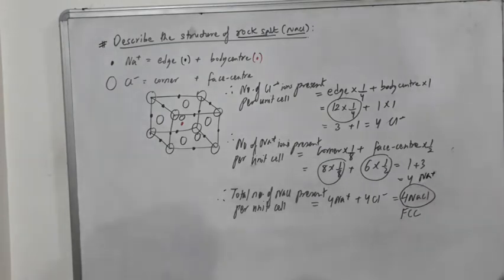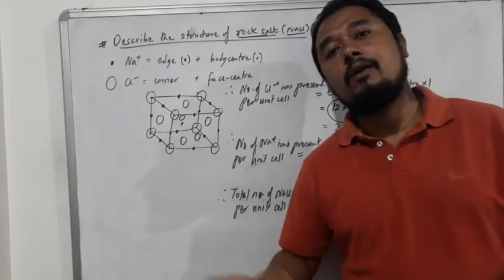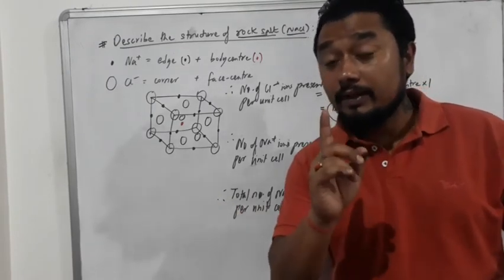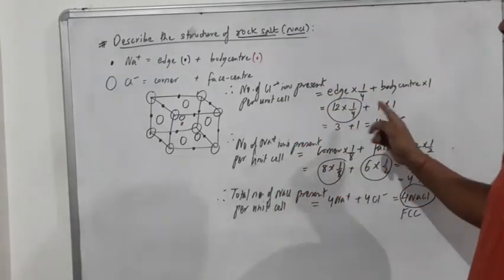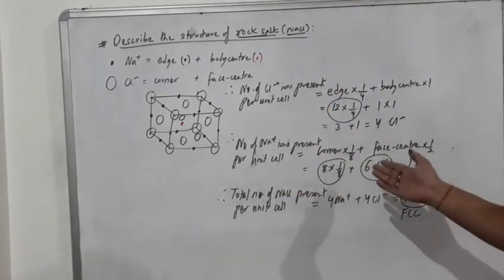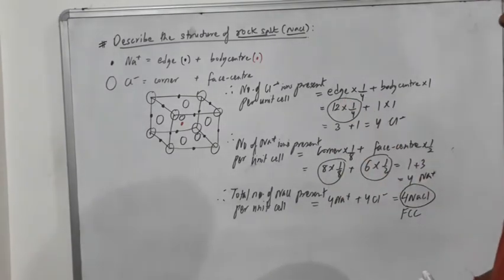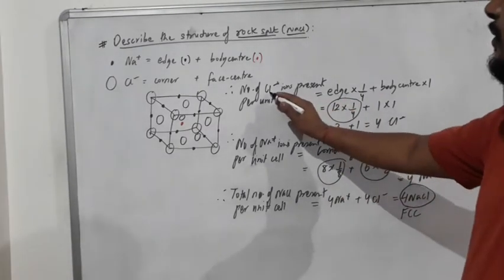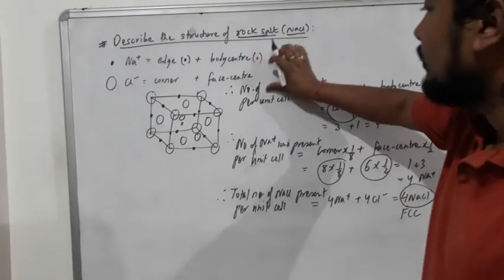Once they come out of the exam hall, they say, oh, the answer was so easy, all were 4, I got it. But students, do remember, that particular student has made one mistake. All are supposed to come 4 and they got 4, but the problem is they got the locations wrong. Who is present in the edges and body center? Sodium.